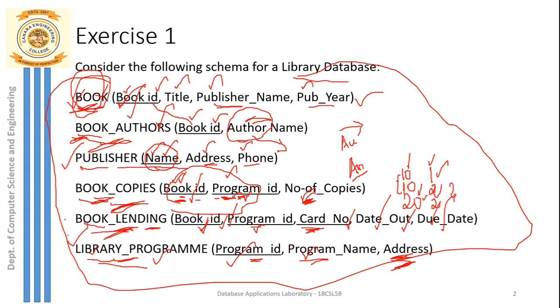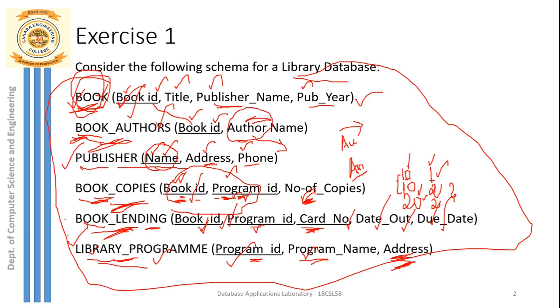This is allowed. But the combination of book ID and library ID can never repeat. This combination must be unique. Two rows in a table should be unique in nature. That is the meaning of multiple keys. So here the book ID and program ID combination should be the primary key.